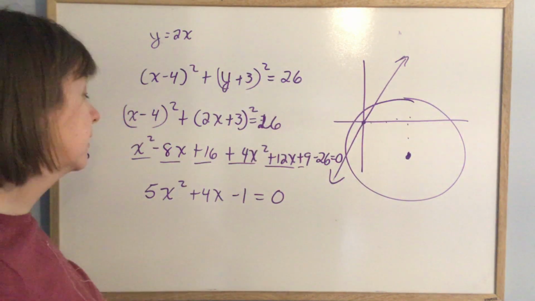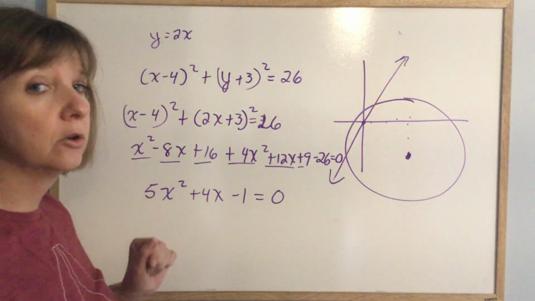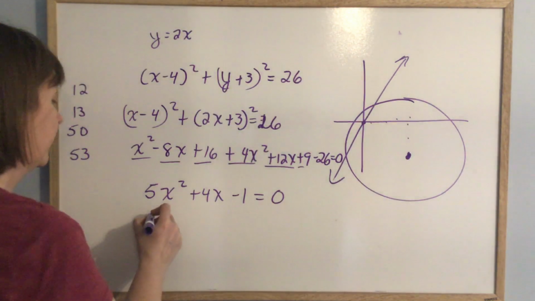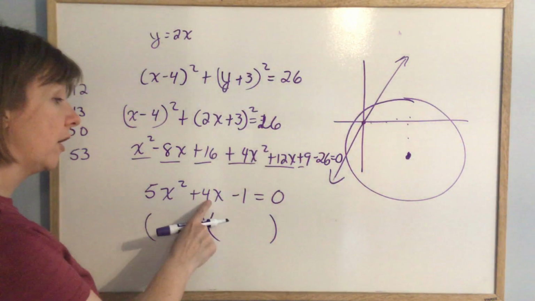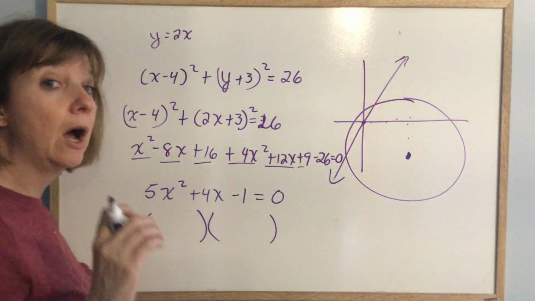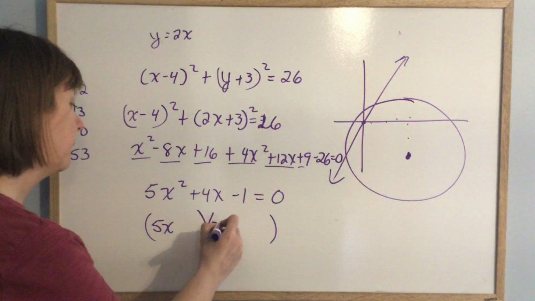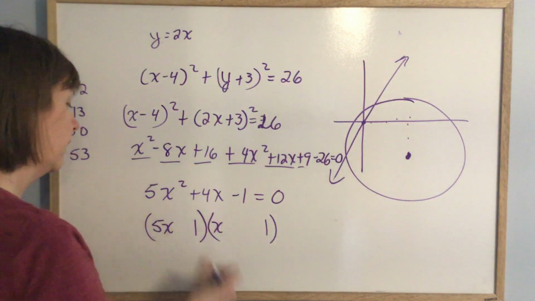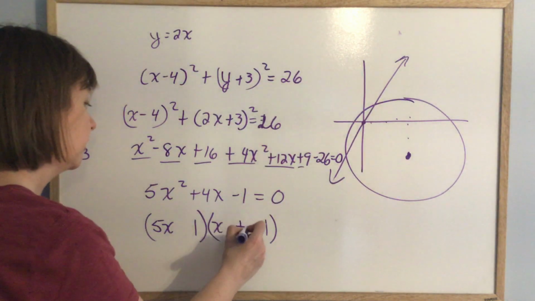So again, you're either going to need to factor this, or you're going to need to do the quadratic formula where your a is 5, your b is 4, and your c is -1. Up to you which way you do it. I am better at factoring. Why? I don't know. I just am. I do it better in my head.